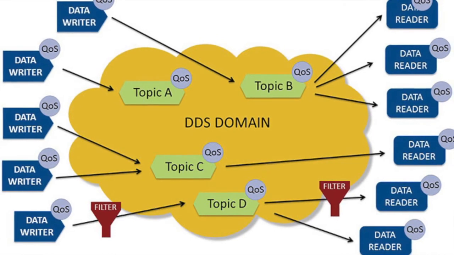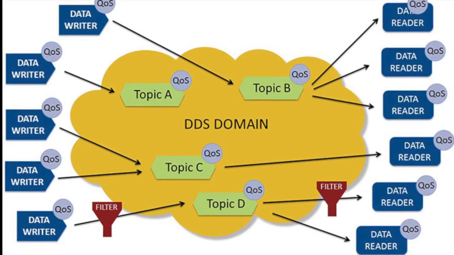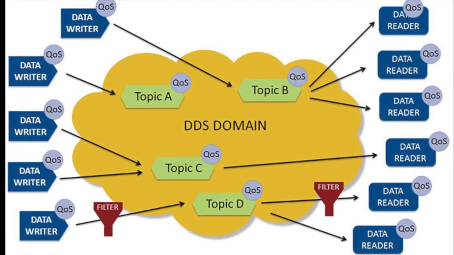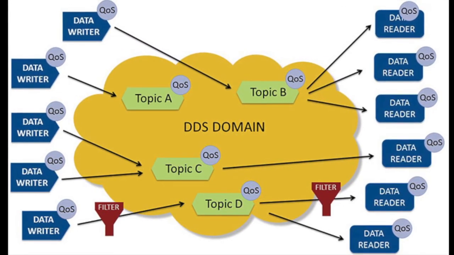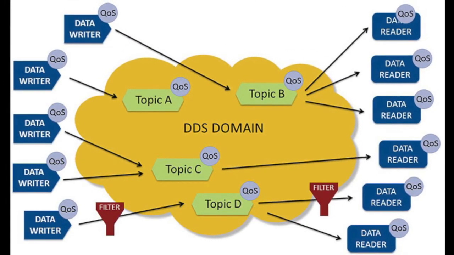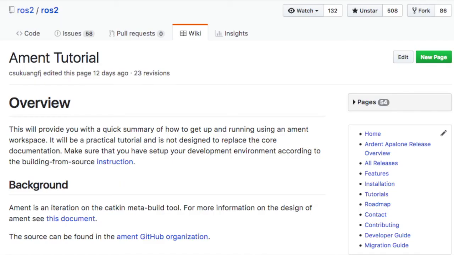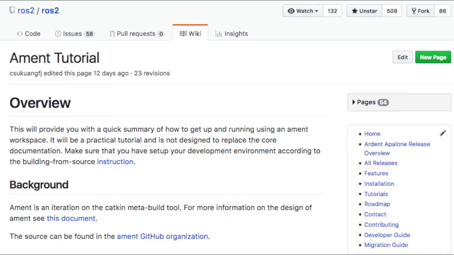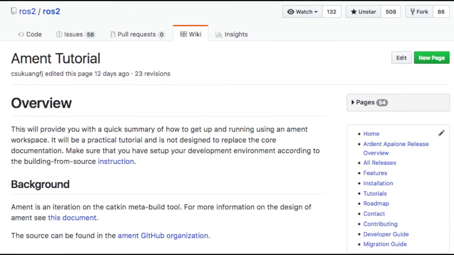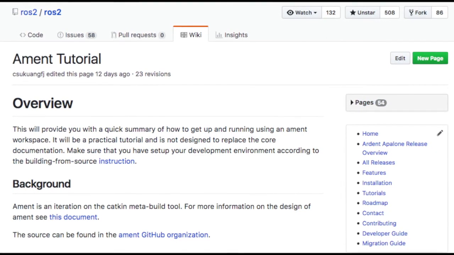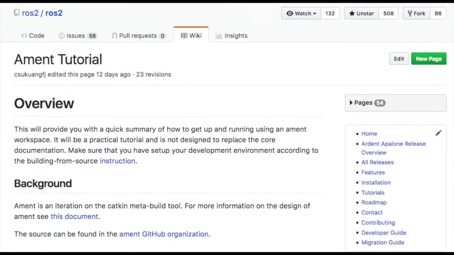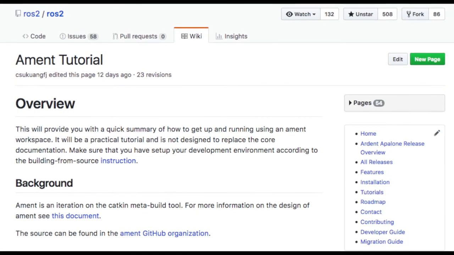From my experience, DDS is quite rich in features and provides everything one could ever want from a middleware. For more capable hardware, DDS is awesome, unless I have to pay an arm and a leg for those features. Another change ROS 2 plans to make is to move from the Catkin build system to something called Ament. With all of that, more time investment in ROS 1 is not as appealing.